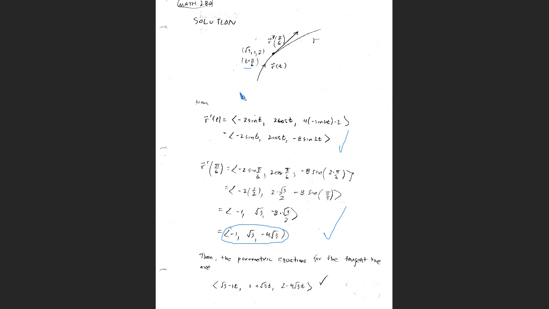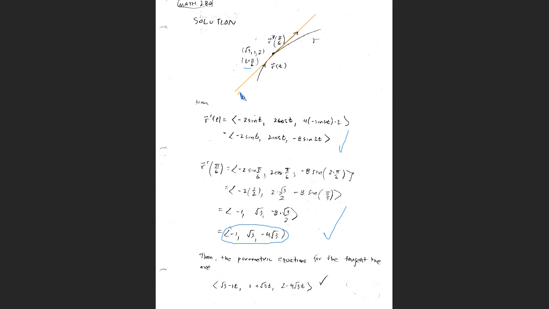But what we want, of course, is the line in space, right? There's a line in space, and I better draw it a little better than that. Well, let's try to draw it. There we go. This is the line, right? This is the tangent line to the space curve at the point (root 3, 1, 2).